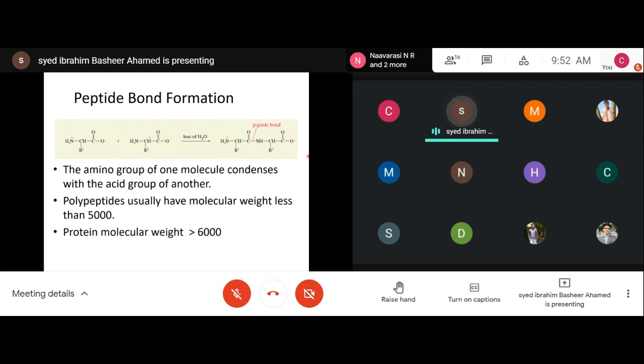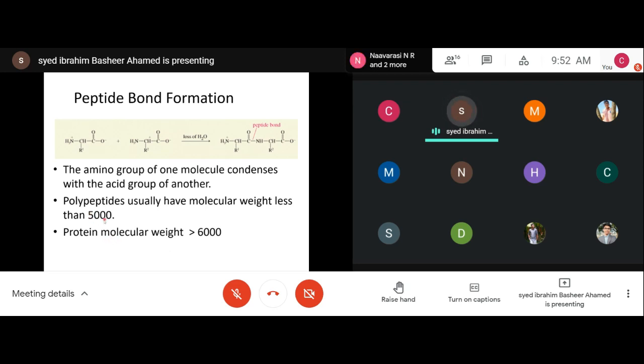For a polypeptide chain to be called a protein, you should have at least around 60 amino acids, with a minimum molecular weight of around 6,000 Daltons.